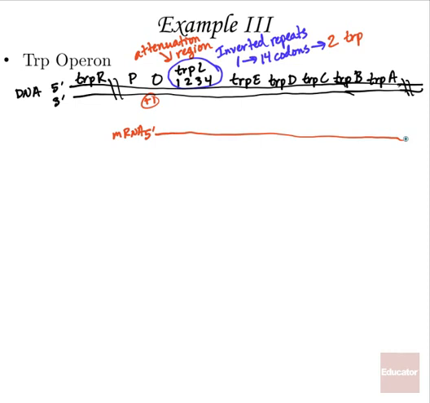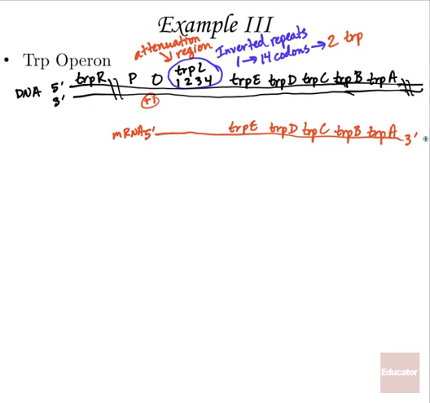All right, we have all the way through: trp E, D, trp C, trp B, trp A. Okay? All right. Now, this is when we will get this transcript. So this is called a variant, an mRNA variant.